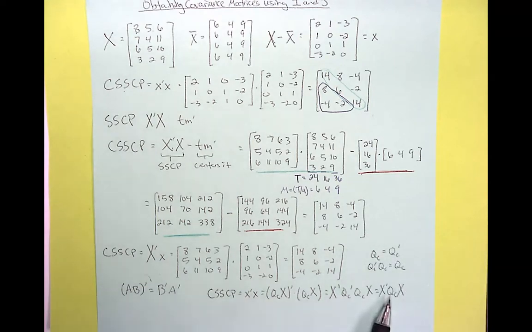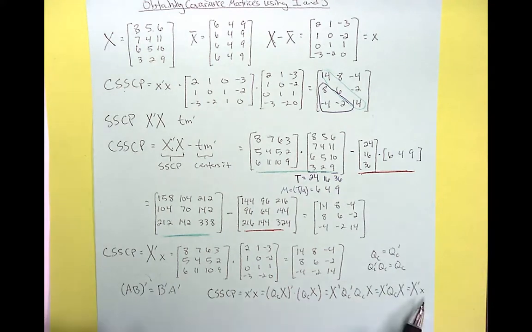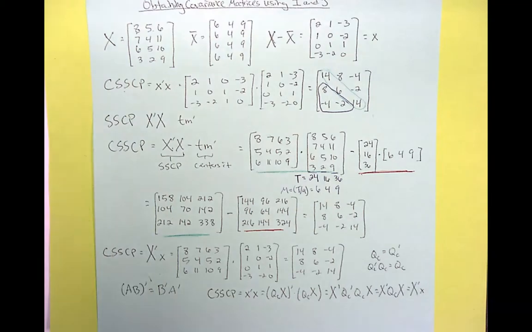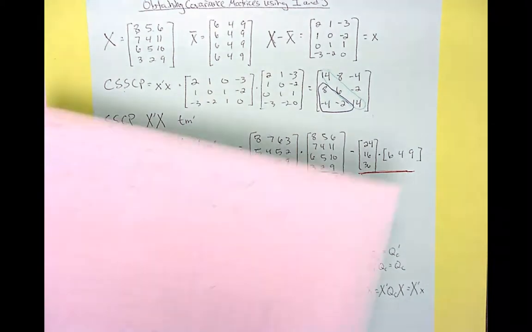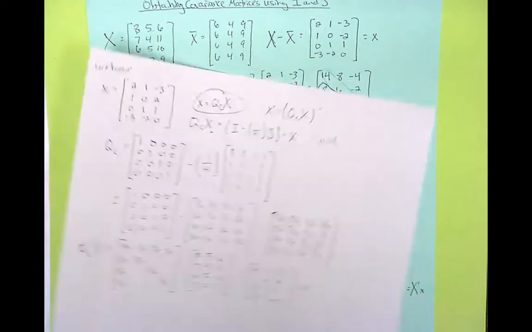So that's how you can go to that step, once again because it is idempotent. And lastly, what do we get? Transpose of raw data times the deviation scores x, which we demonstrated here. And as we just did on that other paper, we know that we can go from here to here, as we demonstrated once again.